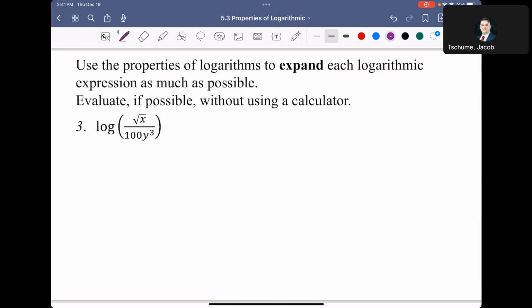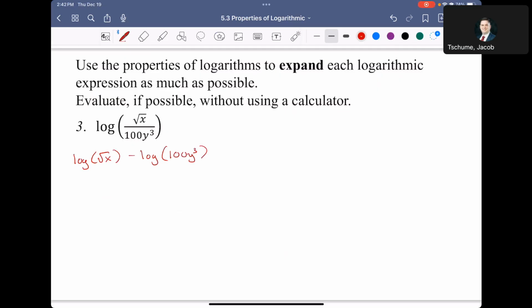The first thing I notice, at least the overall big thing here, is that you've got division inside your logarithm. So just like number 2, I'm going to break up this division into subtraction. So it will become the log of the top, which is the square root of x, minus the log of the bottom, which is 100y cubed.